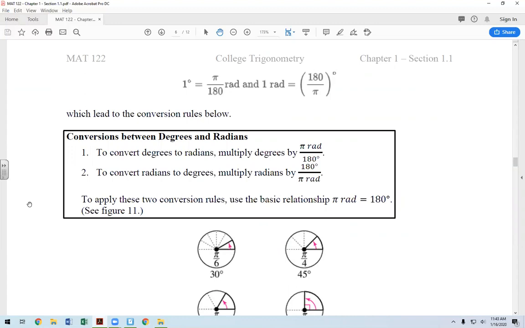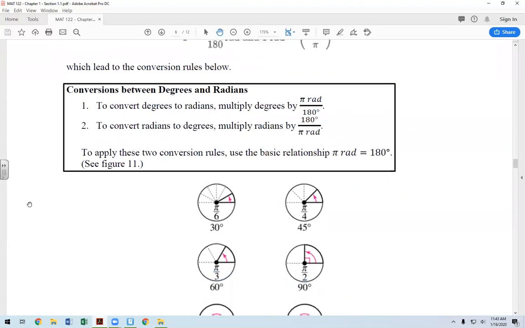So what I would basically ask you to remember is this relationship here, right? Pi is 180 degrees, and we had kind of seen that last time. The only thing you really want to remember is if you are getting rid of the degree measurement, it's going to go on the denominator. If you're getting rid of the radian measurement, then the radian is the one that goes on the denominator.